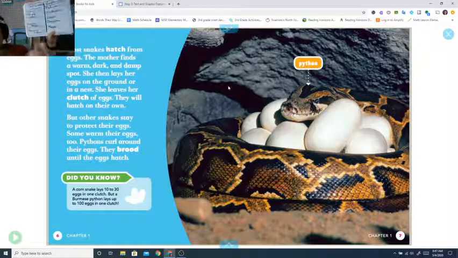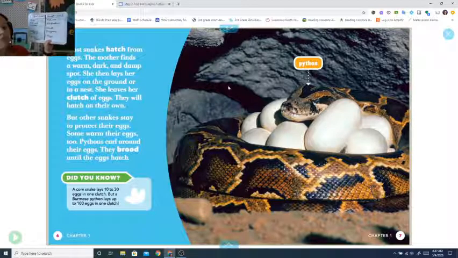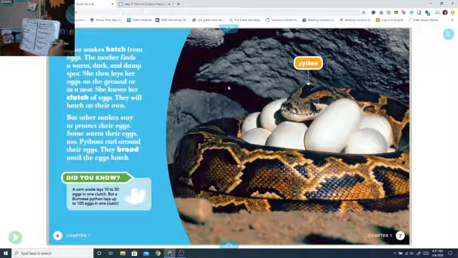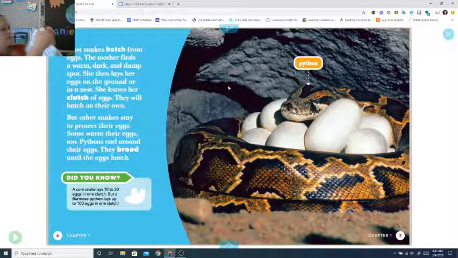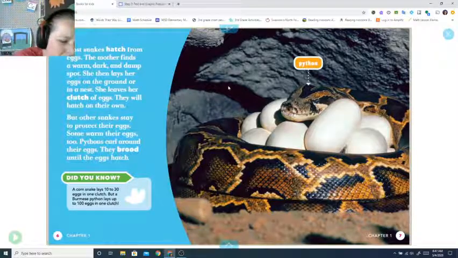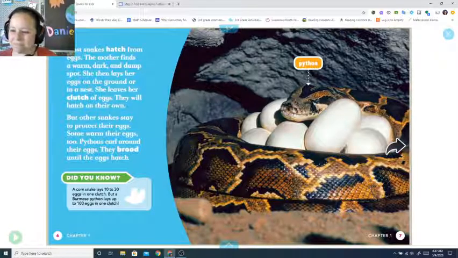I should have given myself more room for this. And then for pictures, I had the picture of the python with the eggs. So python with the eggs. Okay, and I have a lot more pictures than illustrations, so I might have to give myself more room for that in a second.